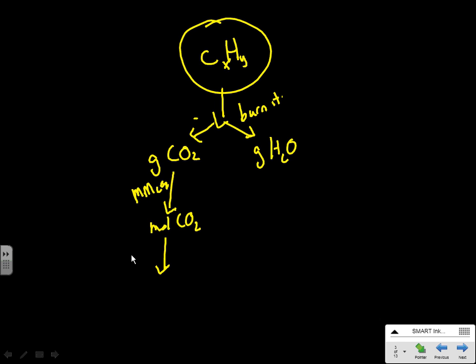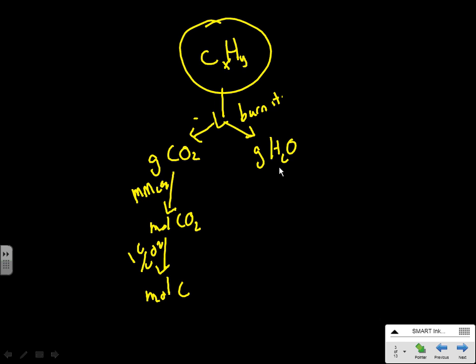One. So I can use a ratio of 1 C for each CO2, and that will convert it to moles of carbon. And that's what we need to get, because once we have moles of carbon, we can divide by the smallest number, and we can get back to that ratio up here.